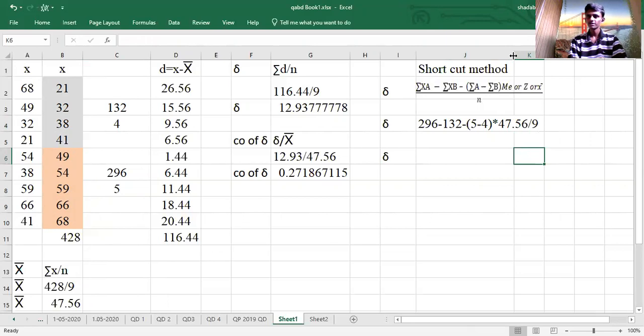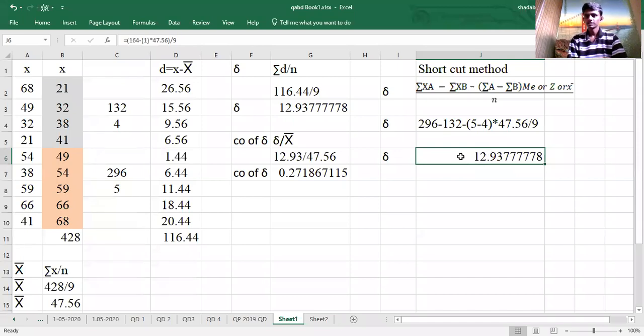Just simplify this and you will get the answer. I also got the same answer. 296 minus 132 is 164, minus 5 minus 4 is 1, 1 into 47.56, divided by 9. We will get the mean deviation as 12.9377.